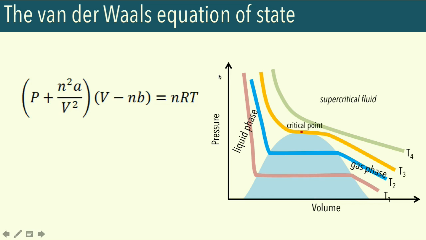So the van der Waals equation of state gives us a better description on the behavior of matter. It improves upon the ideal gas equation of state by considering the intermolecular forces of attraction between our molecules, as well as the molecular volume of our substance.